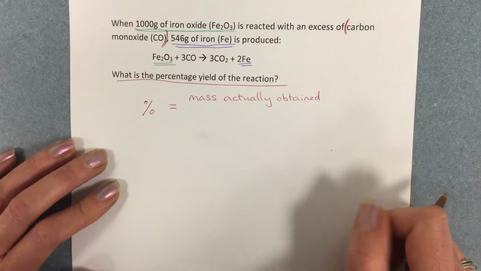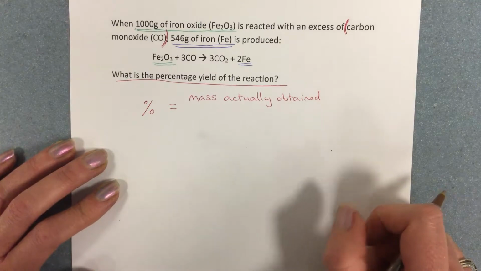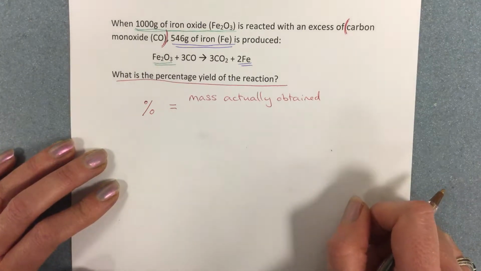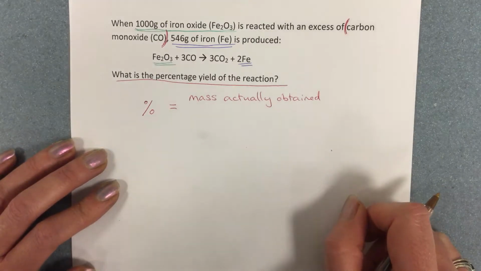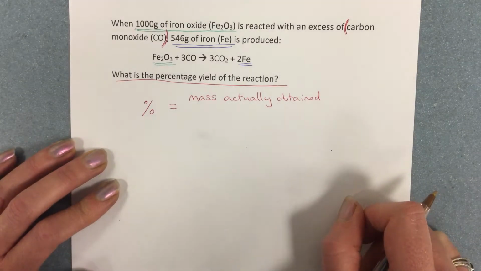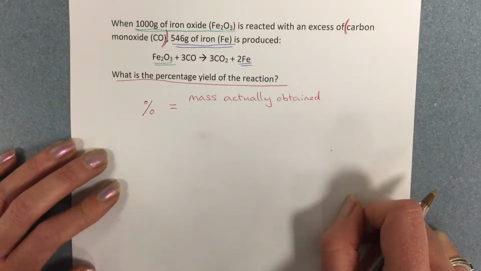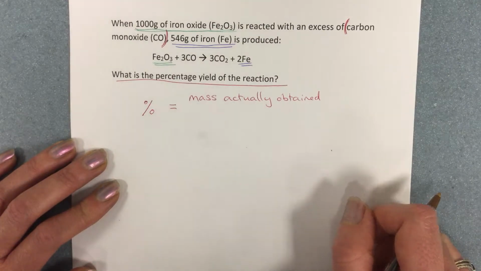So it could be that some of it went missing in the process, it could be that it didn't fully react, maybe it didn't get hot enough, all sorts of things. Or maybe when you tried to purify the products, maybe you did some filtering or something else and you lost some bits along the way. So you never quite get all of your pure product out as much as you'd like to.